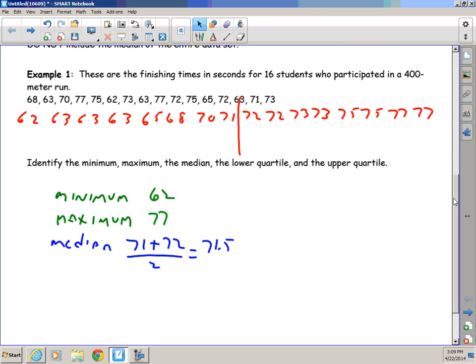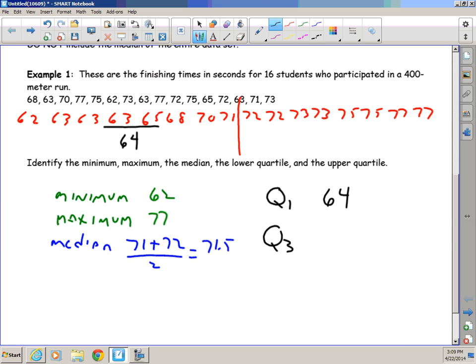Okay? Now Q1 and Q3, or quartile 1 and quartile 3, I take the lower part and I have 8 values. So of those 8 values, my median is 64. And for my upper values, my median is 74. And that is it. That's the quartiles in a nutshell.